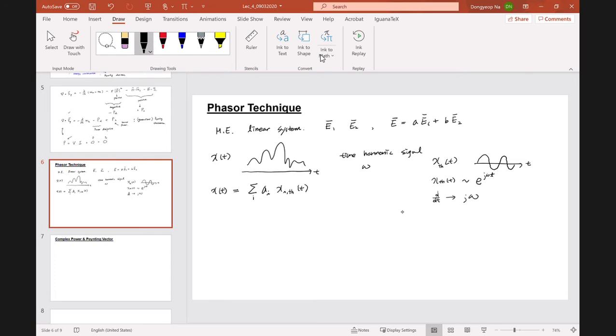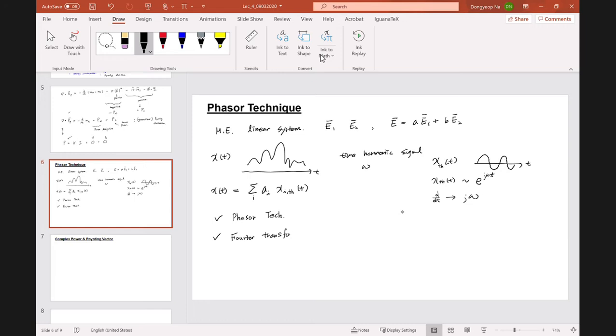Okay, so the same thing applies in Maxwell's equations. In order to do this kind of task, we have two options. One is the phasor technique. The other one is a more rigorous way, but looks complicated, which uses the Fourier transformation.